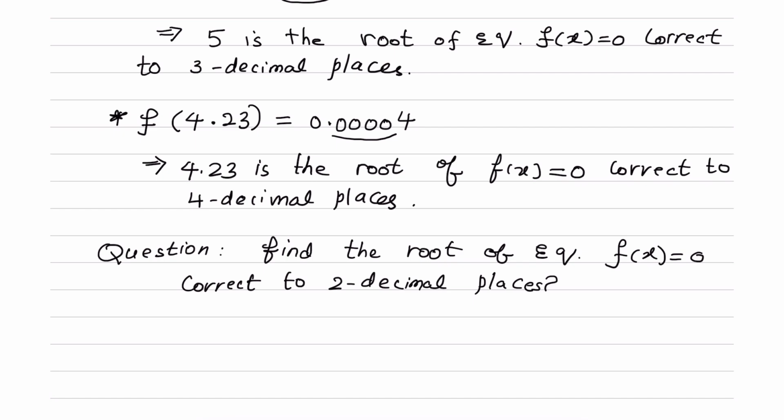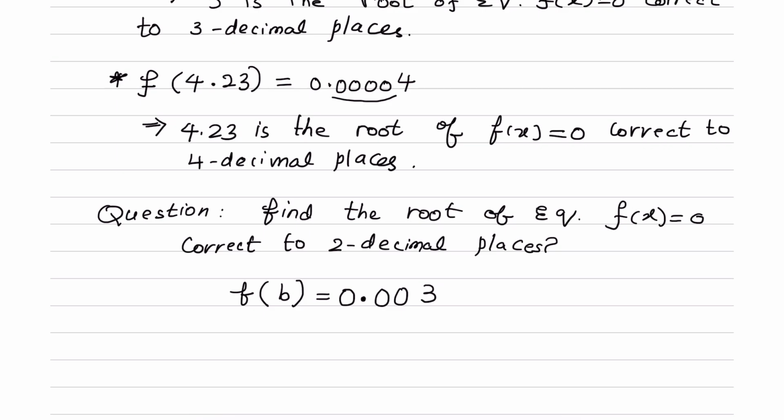That you have to find some number, let's say some number b, that when you plug this b in the function, it should give you what? If b is the root correct to 2 decimal places, then you should have f of b to 2 decimal places, means on the right of the decimal you should have 2 zeros and third could be any digit.